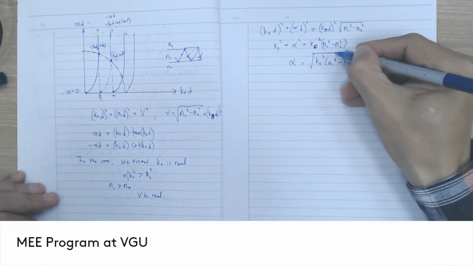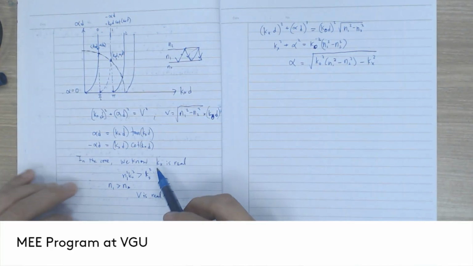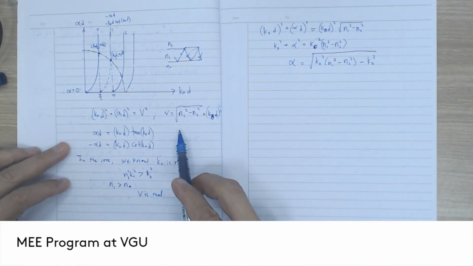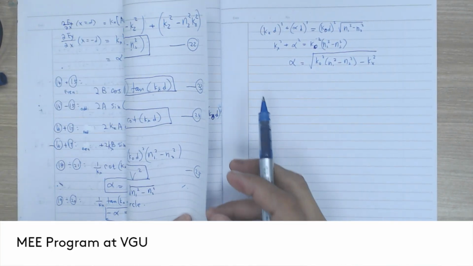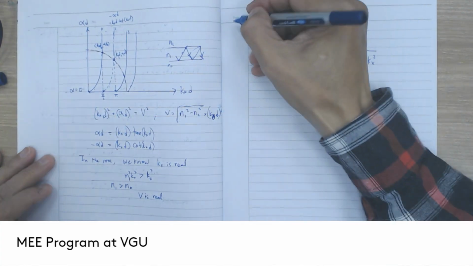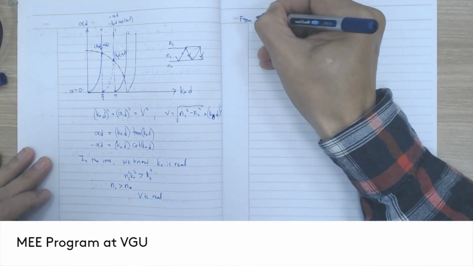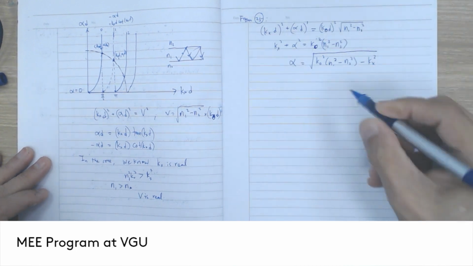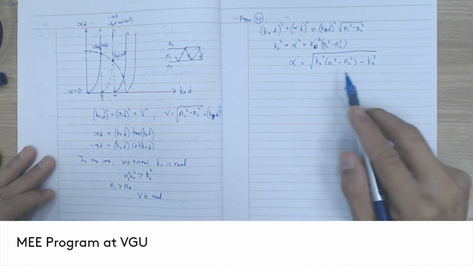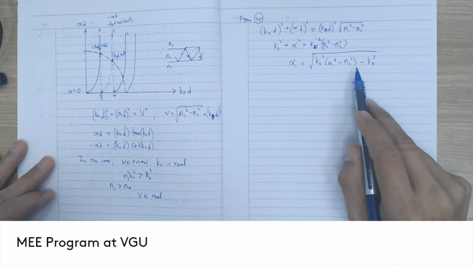So this is the equation, the so-called characteristic equation 25. We'll get this. So this is the value of alpha.